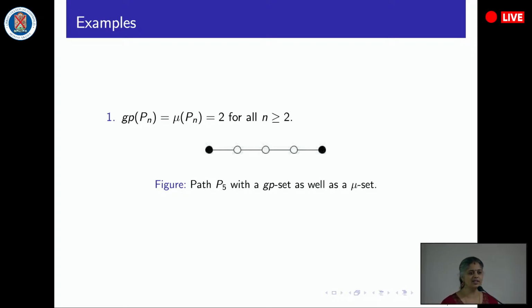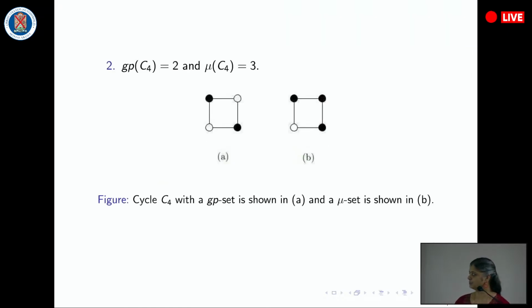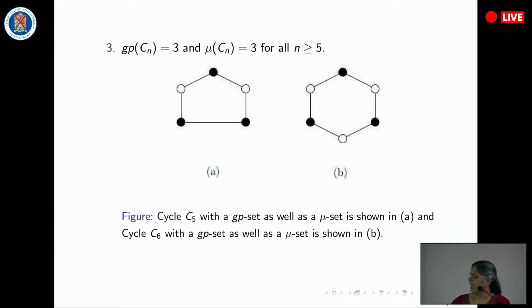So for a path, the general position number as well as the mutual visibility number is going to be 2. For cycles, when you are considering C4, for general position it is 2, whereas for mutual visibility it is 3. Again, starting from n greater than or equal to 5, for all n, general position as well as mutual visibility is going to be 3.